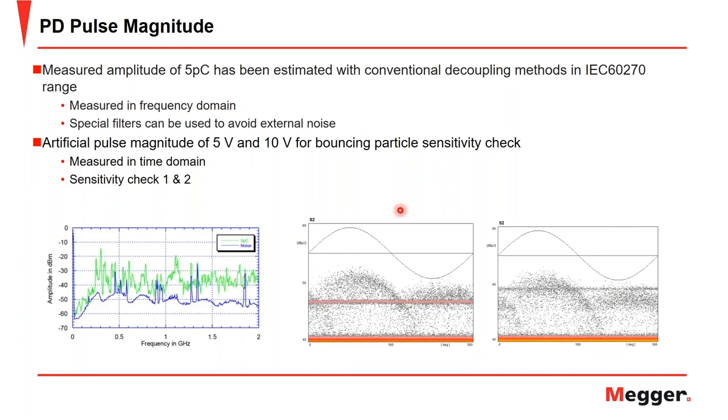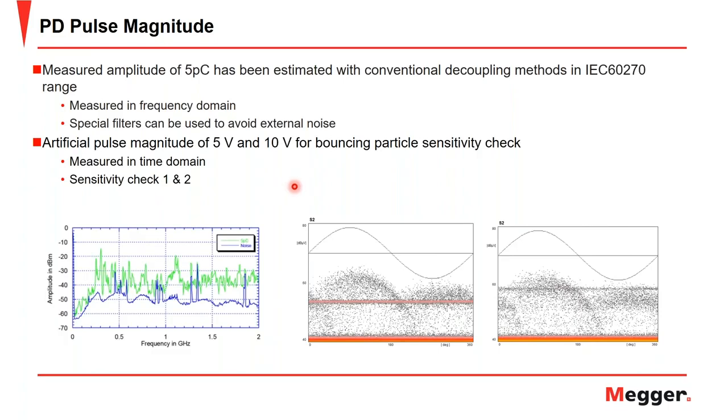Then the second part of the sensitivity check is done during commissioning of the GIS, where, once commissioned, you would inject a signal into the sensitivity check value that you found, being this 10 volts, with the manufacturer on site, and then check the surrounding sensors, checking to see if the signal can be measured on the neighboring sensors without being overwhelmed by the noise floor.